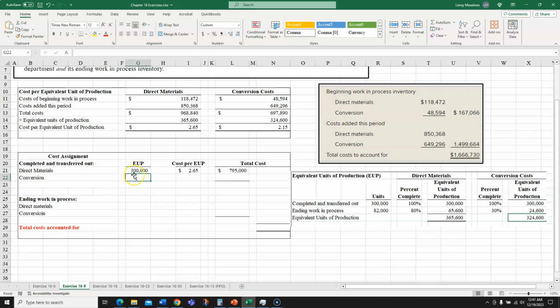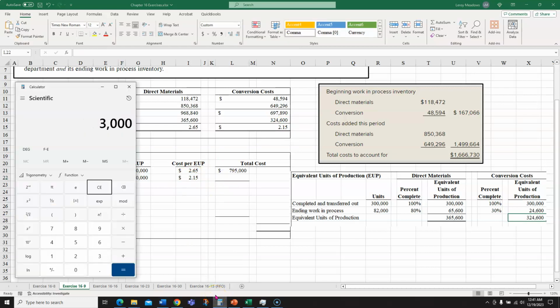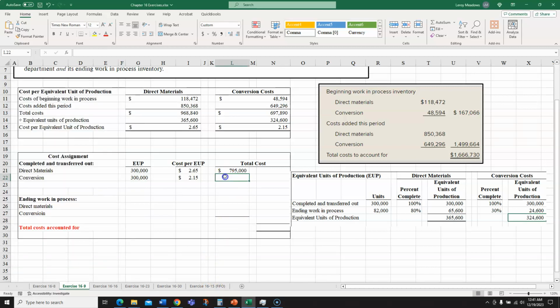Well, all 300,000 units were complete. I've got that here. And conversion costs were what, $2.15 per equivalent unit of production. So when I take 300,000 times 2.15, I will get $645,000.